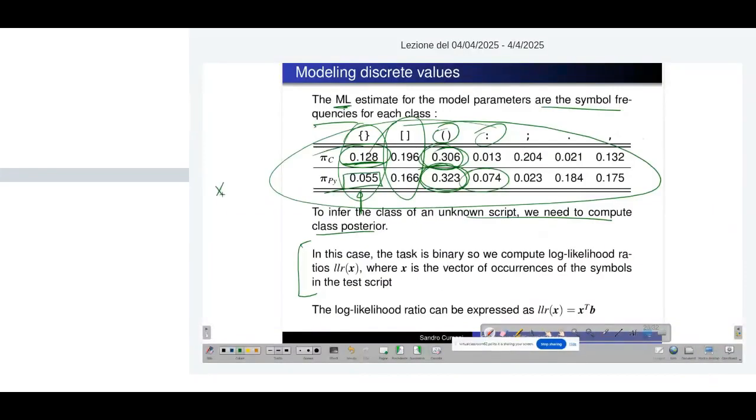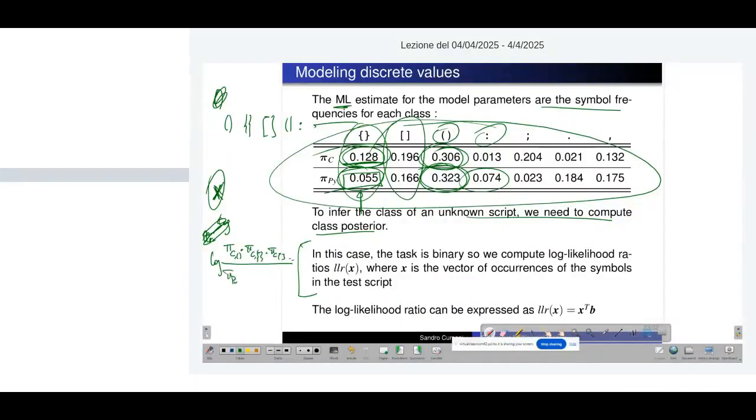The log-likelihood ratio is what? Well, I have a script X that I want to classify. I can either do what? Well, for each word in the script, compute the corresponding log pi probability, as in the categorical model. So my script, let's say that it has first a round bracket, then a curly bracket, then a square bracket, then again a round bracket, then colons. My log-likelihood ratio will be the log of pi for C for the round brackets, times pi of C for the curly, times pi C for the square, and so on.